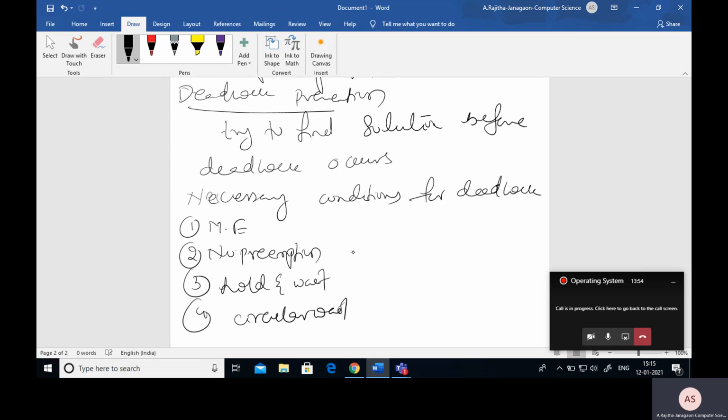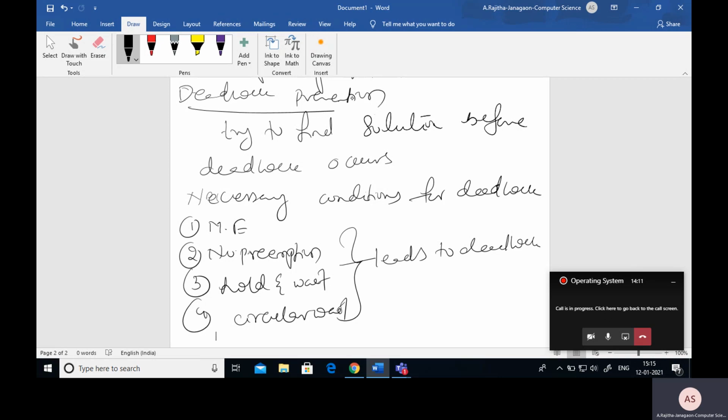All these four conditions lead to deadlock. If these four conditions are simultaneously satisfied, it leads to deadlock.